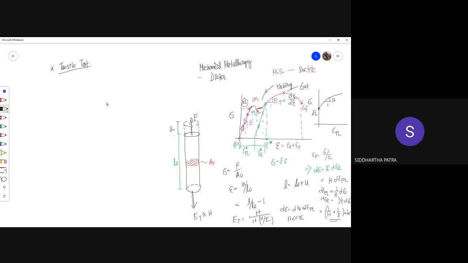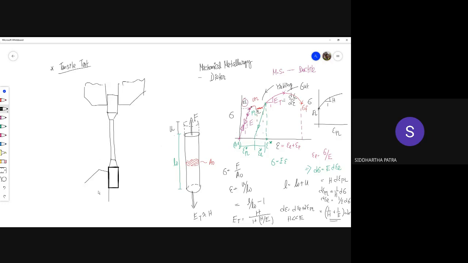So in our experiment we will be using a so-called dog bone specimen, which is a cylindrical specimen but not quite what we just showed you right now. The two ends have thicker diameter, and those portions would be gripped by two crossheads.